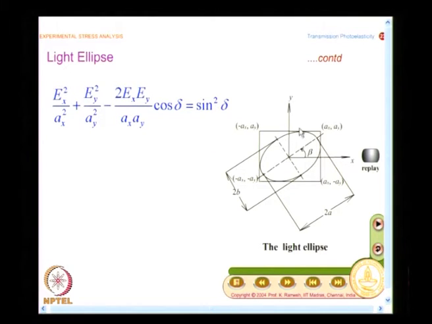And I have the amplitudes marked, and you can also find out the expression for A as well as B in terms of these quantities.